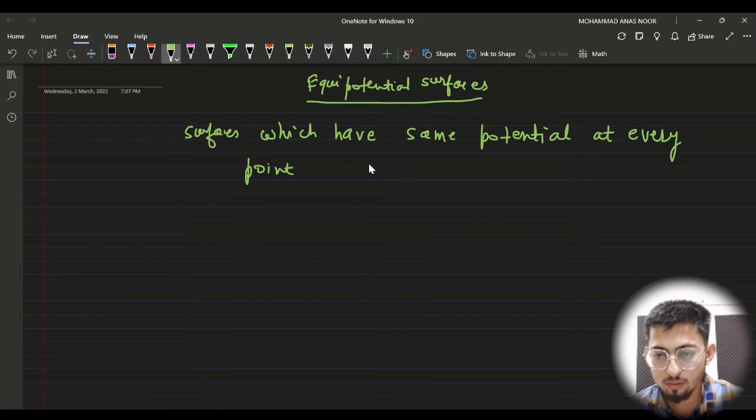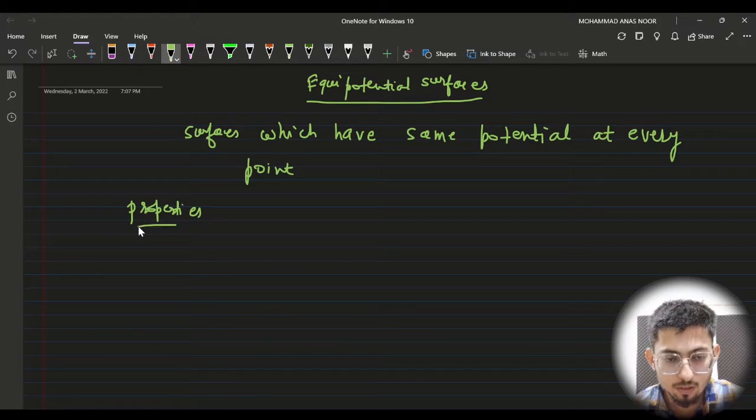Alright, so let us first write the properties. What are the properties of equipotential surface?